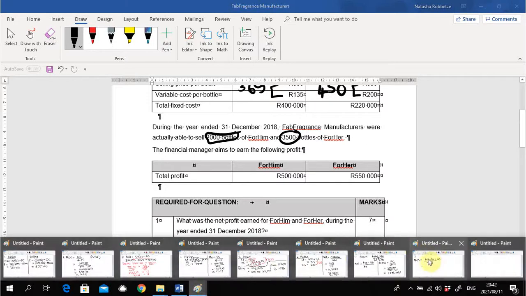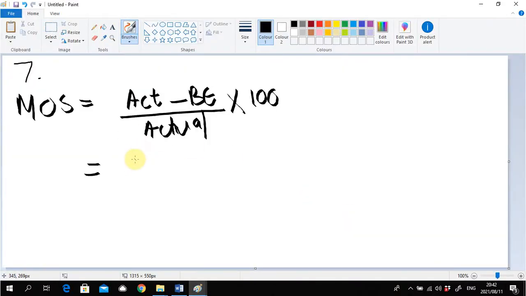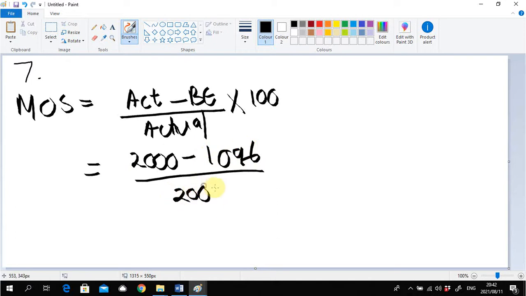So if I go back, the actual was 2,000 bottles. The break even we just calculated, 1096, divided by 2,000, and for the ratio it's going to be times 100. So 2,000 minus 1096 is 904 divided by 2,000.